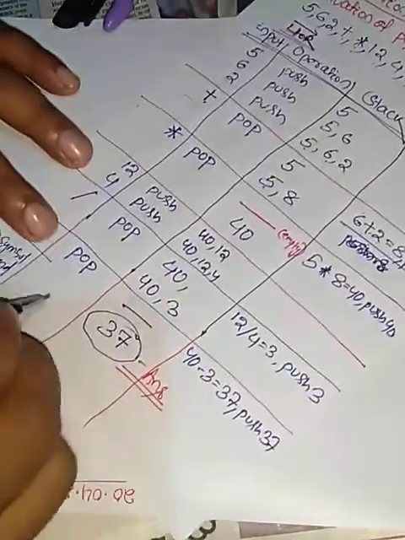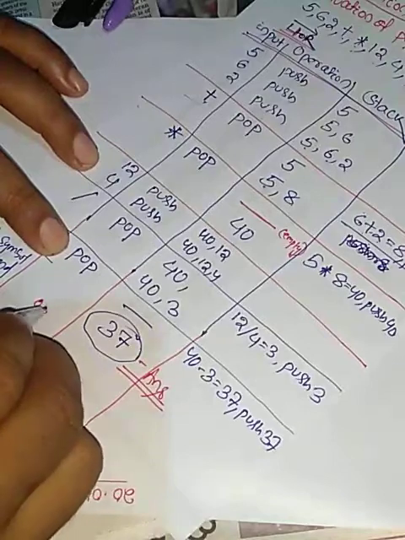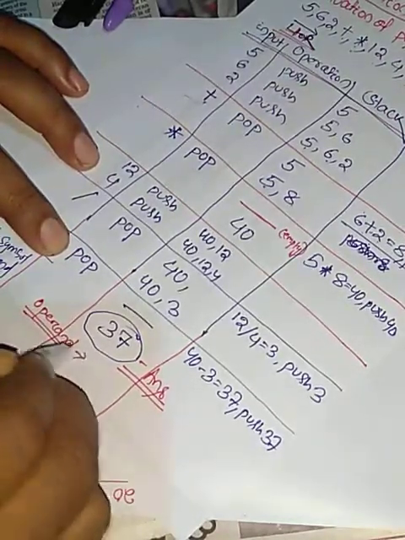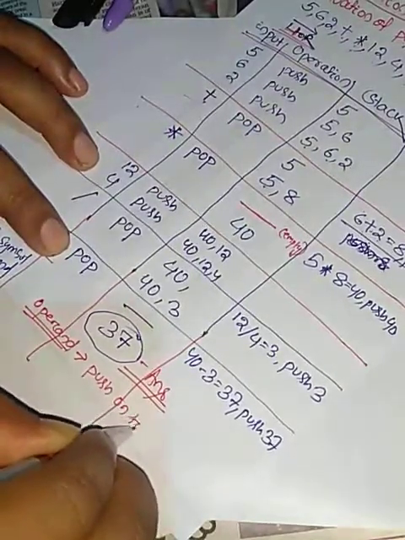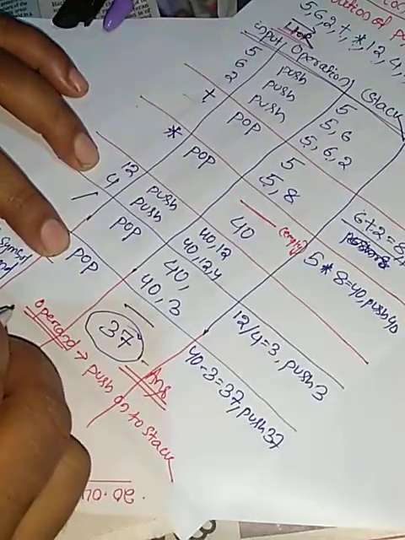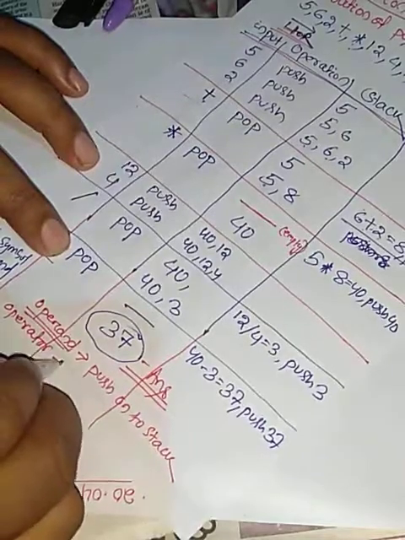So now what is the finding here? If we encounter any operand, what we do? Push onto stack. If operator, what we do?